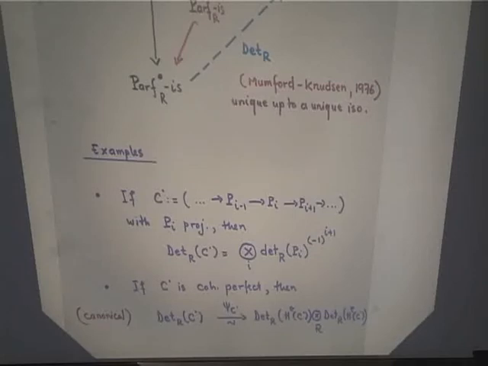The dual of an invertible module is another invertible module. So you take the tensor product of those over R. And that's the determinant of your complex.